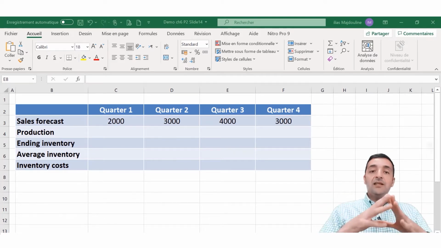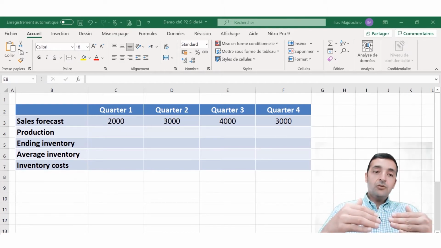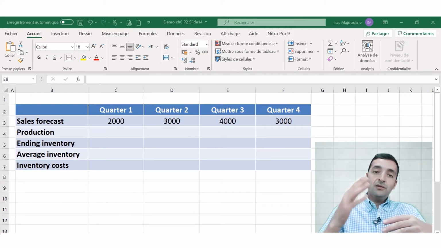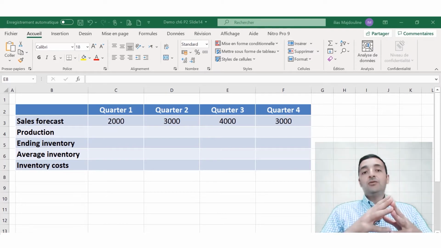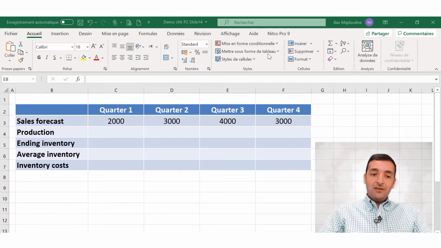And at the last step, we will calculate the total annual cost of carrying inventory. So prepare your worksheet on Excel and let's do the demonstration together to understand how to calculate the inventory costs per period in this kind of situation. Now, if you are ready, let's get started.